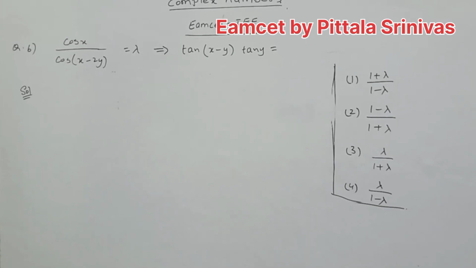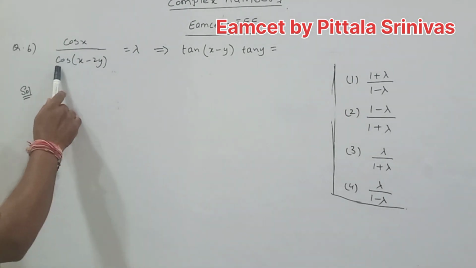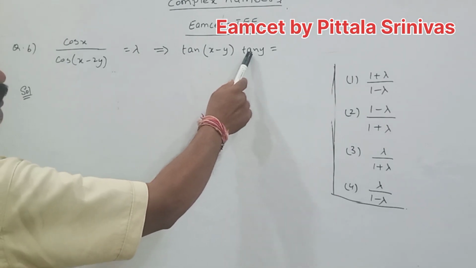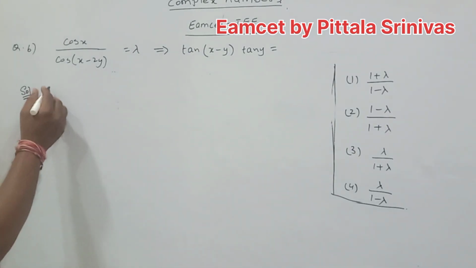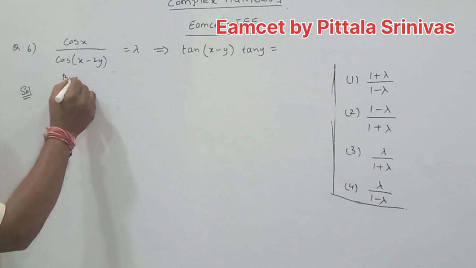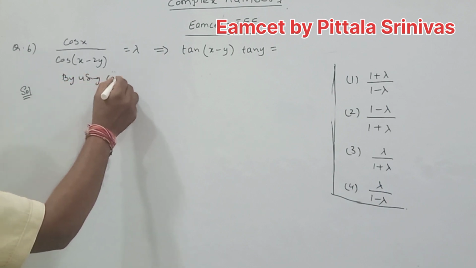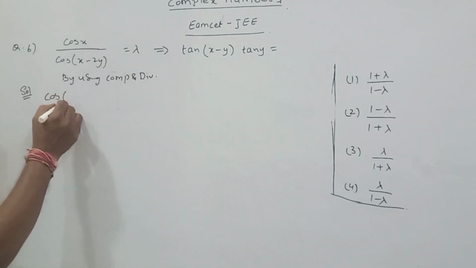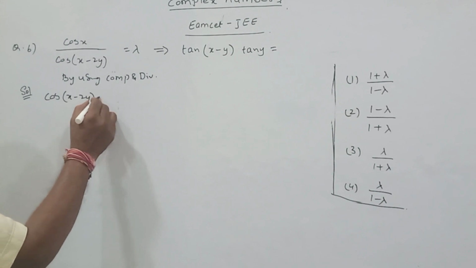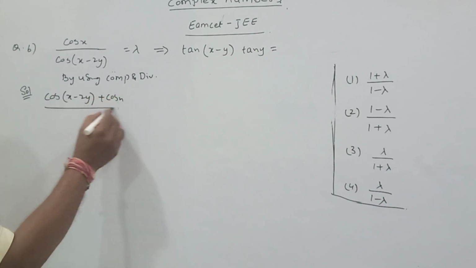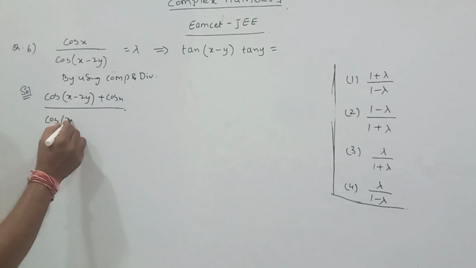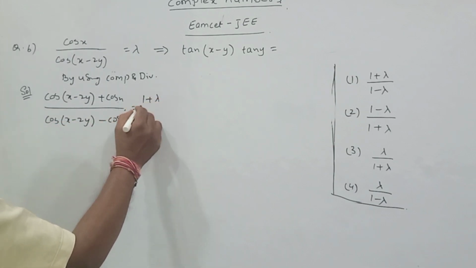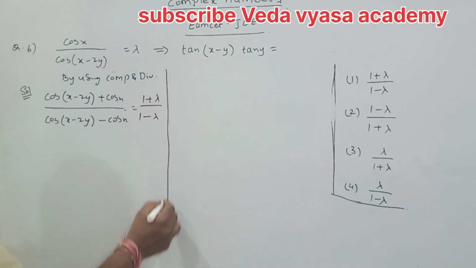Dear viewers, we have the problem cos x by cos of (x minus 2y) is equal to lambda, tan of (x minus y) into tan y is equal to. So here, by using componendo and dividendo, we get cos of (x minus 2y) plus cos x, by denominator cos of (x minus 2y) minus cos x, is equal to (1 plus lambda) by (1 minus lambda).